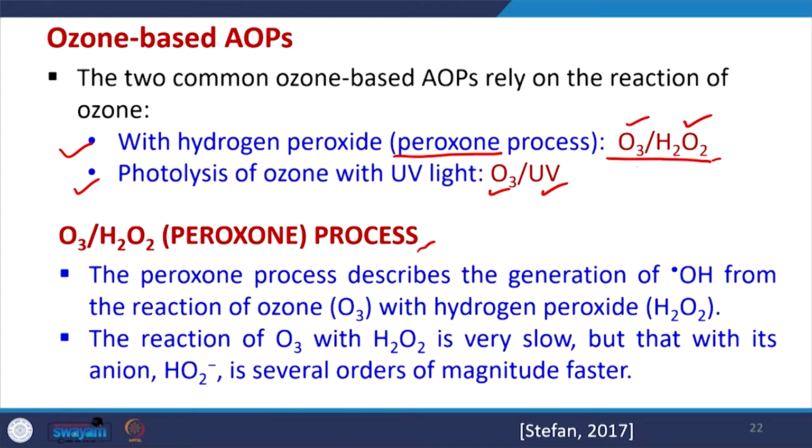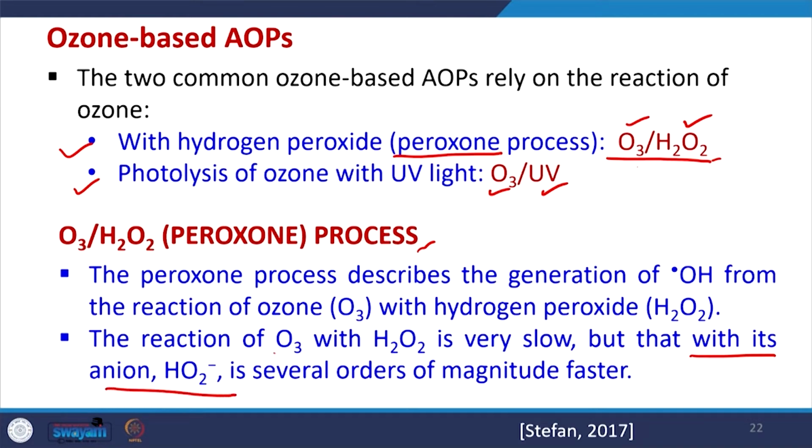This process describes the generation of OH radical from the reaction of ozone with hydrogen peroxide. The reaction of O3 with hydrogen peroxide is slower, but with its anion, HO2 minus, it is several orders of magnitude faster.